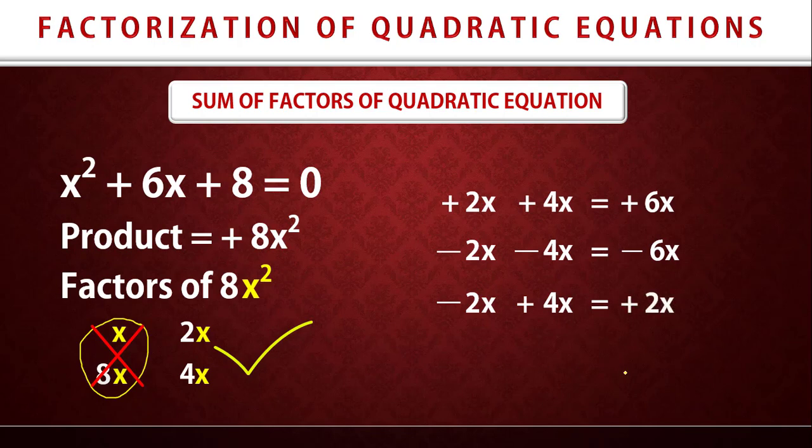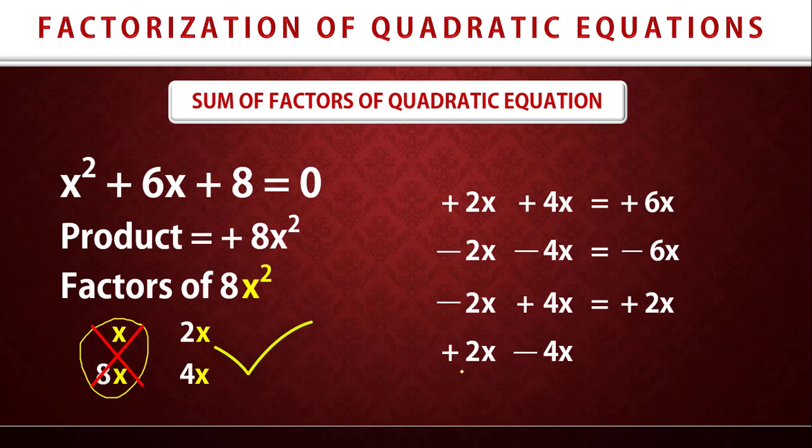Can you see that now? We make use of opposite signs, minus and plus here. So let's try to interchange that now. So 2x and 4x again. This time around we'll have plus 2x and we'll have minus 4x. So what is plus 2x minus 4x?